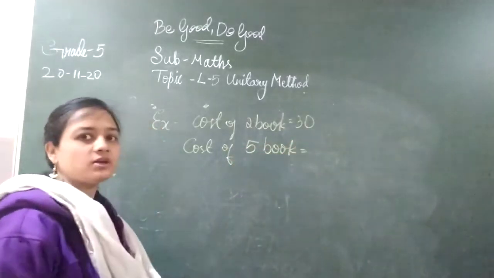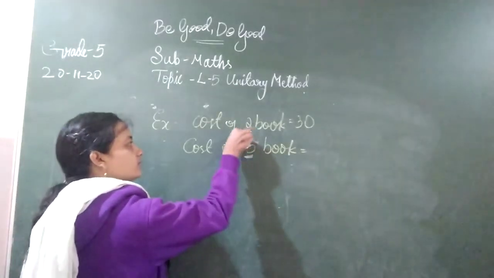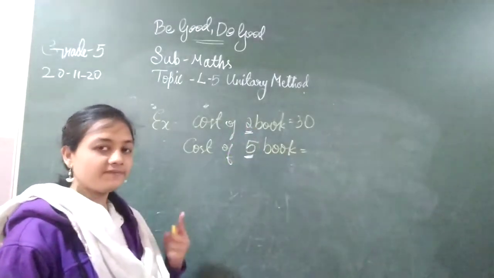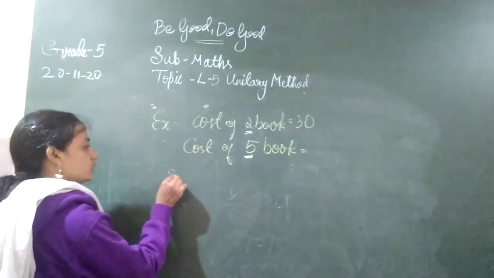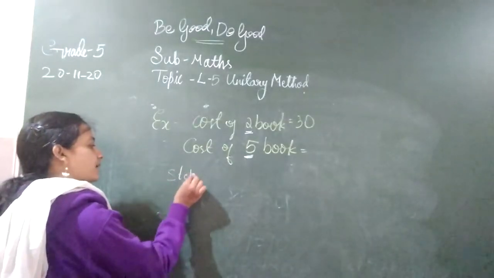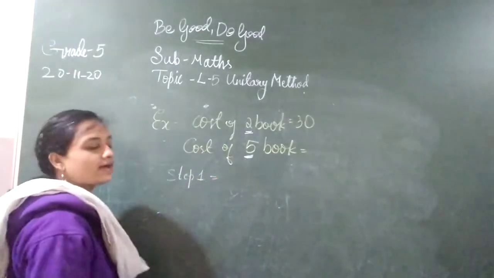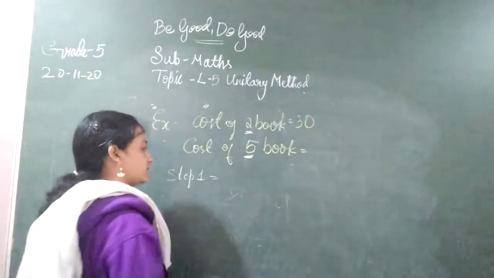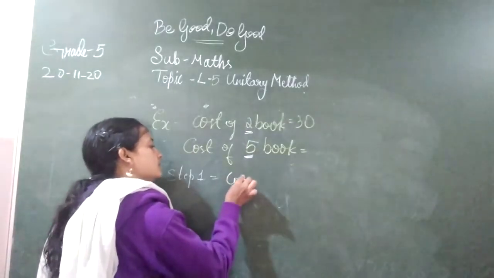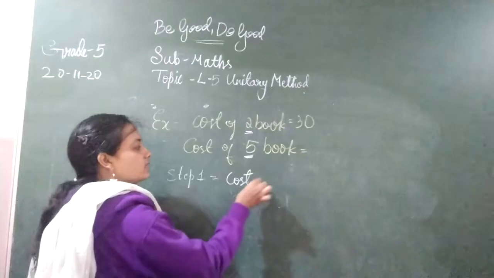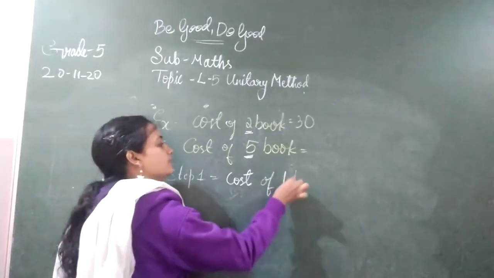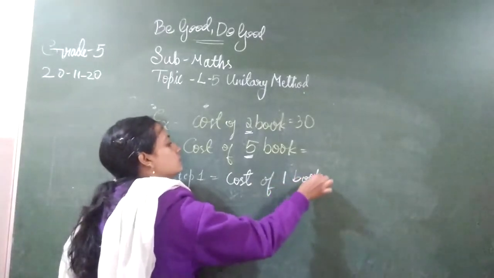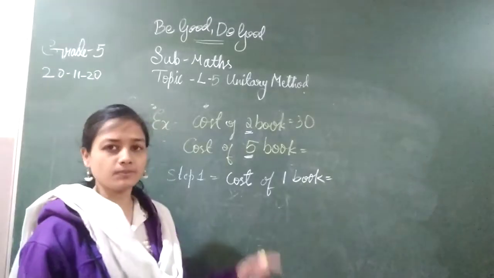So how will I find the cost of 5 books now? For that, the first step is always finding the cost of one object. That is, in this example, we find the cost of one book. So how do we find the cost of one book?